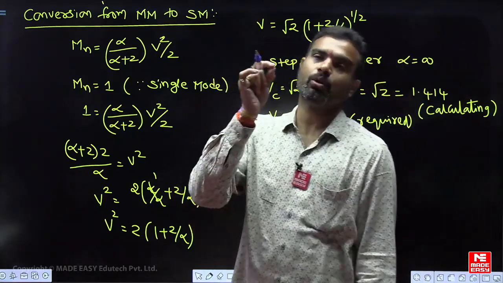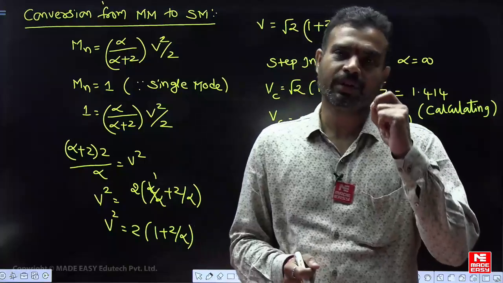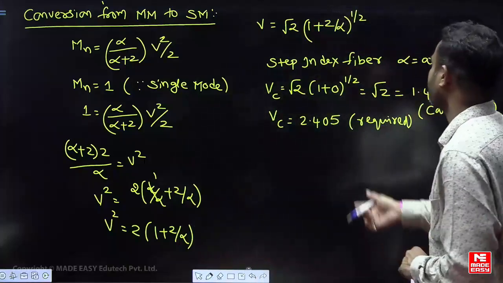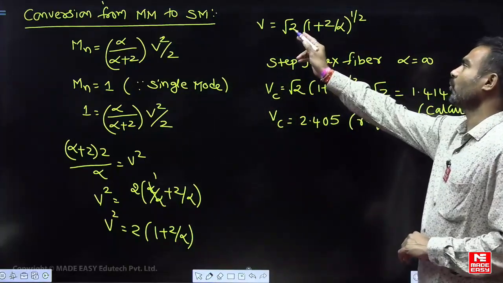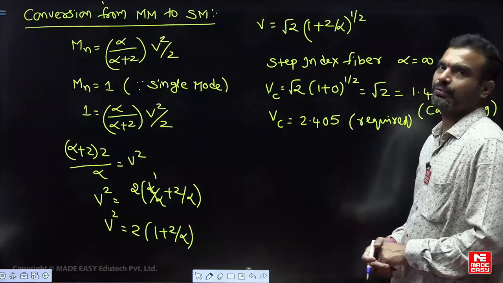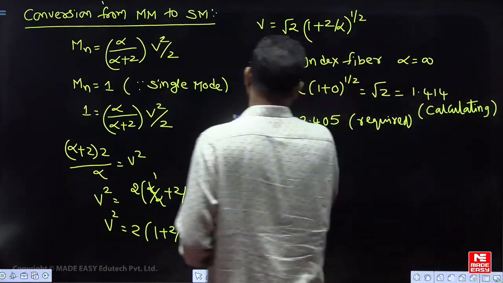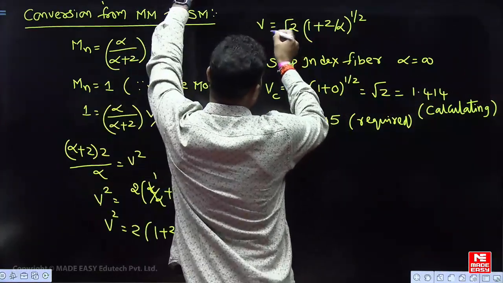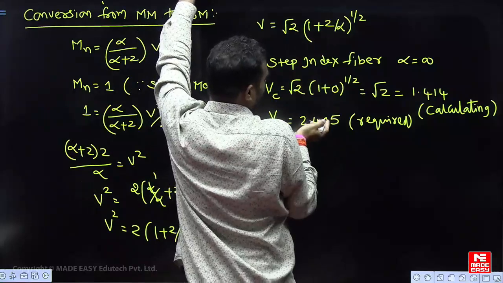Typically the HE11 mode is required. For the requirement of the HE11 mode, we replace this root 2 value with which one? Your root 2 value will be replaced with 2.405. Please observe carefully, I am replacing root 2 with 2.405.